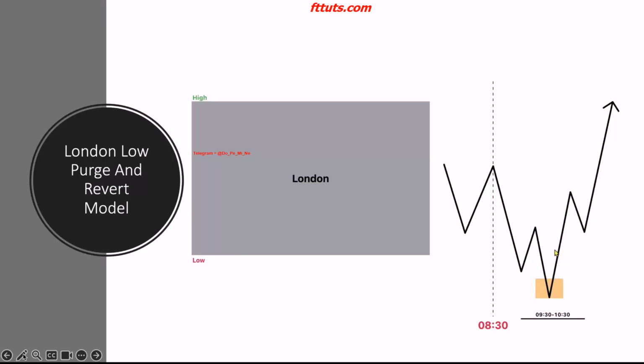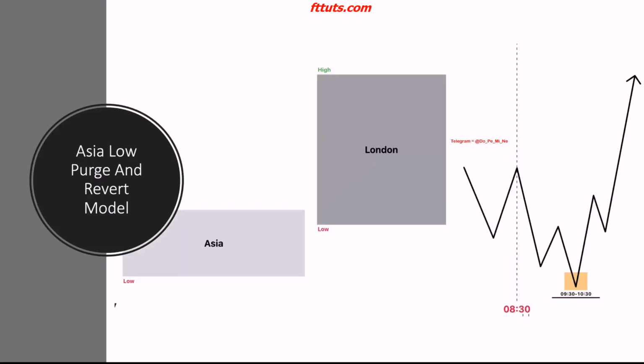When the market then displaces to the upside and trades back above the London low, we will see our bullish breaker formation here, and we can then anticipate higher prices to be next if the higher time frame order flow is bullish and the market is drawn to buy side liquidity or an old inefficiency, especially in the form of a CB.